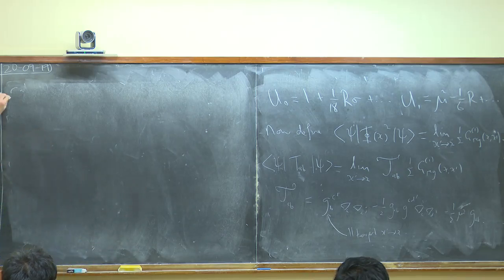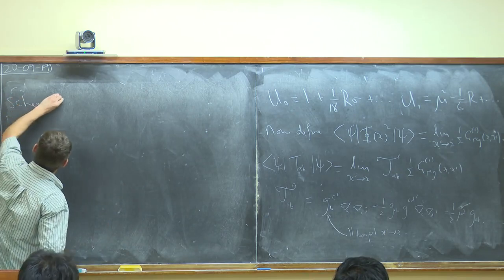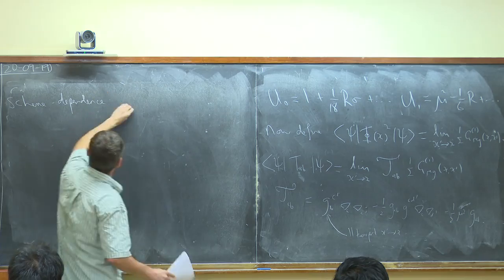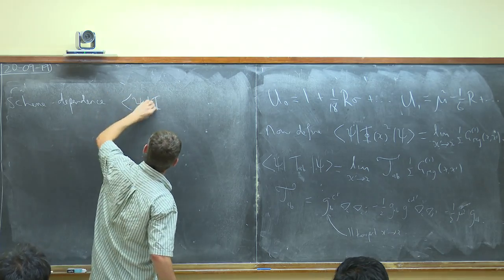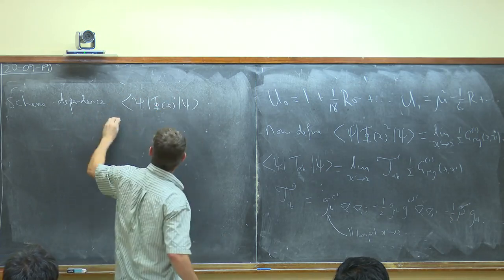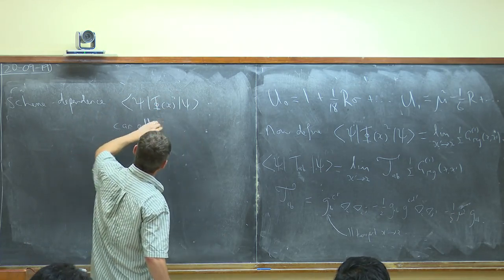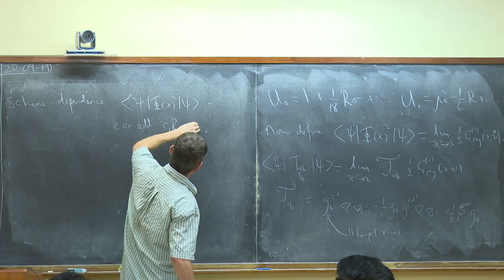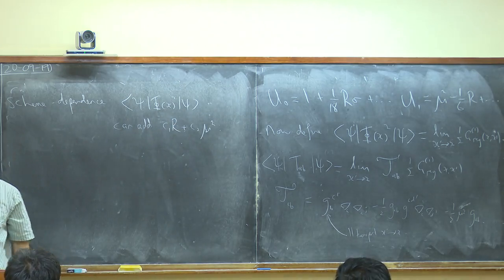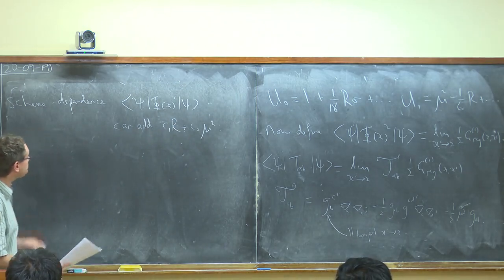Okay, so the scheme dependence, we look at this first, is that you can add a linear combination of the Ricci scalar and the mass parameter of the field, and that's it.